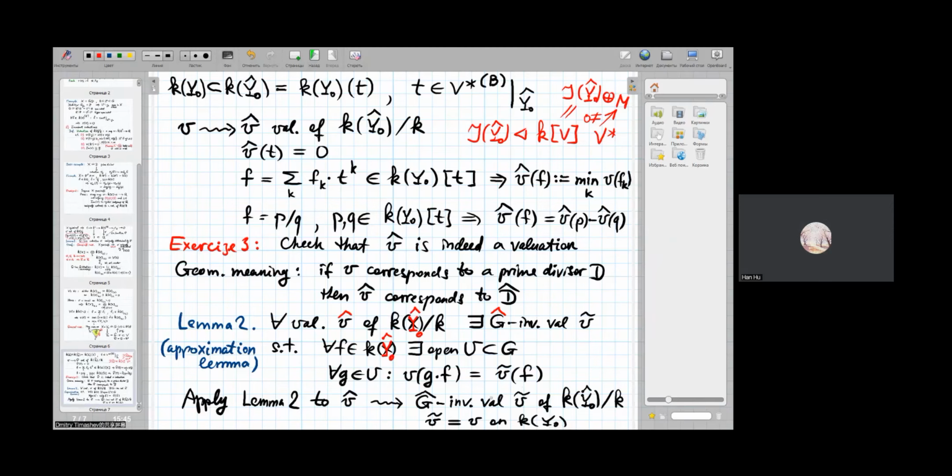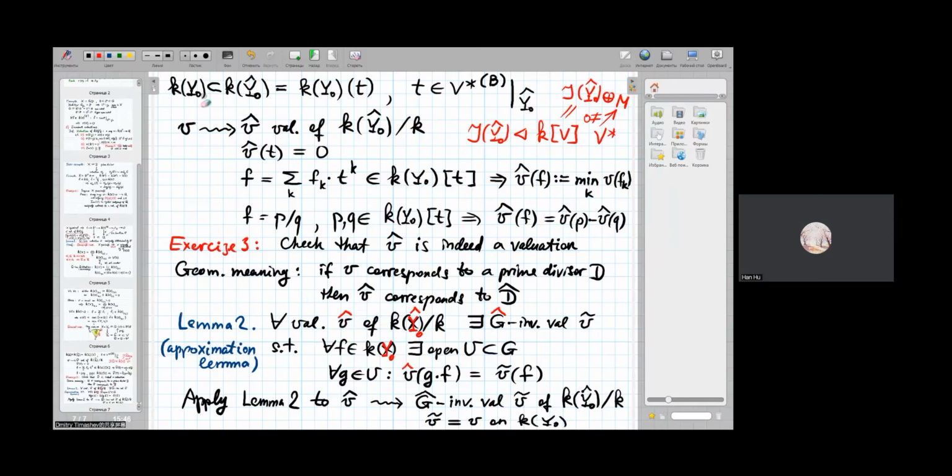This is because if you take your f from this smaller subfield, let me again modify what is written here, if you remove hat here, then on this smaller subfield, the valuation v hat, which you approximate by v tilde, will coincide with v, what you started with, because v hat was an extension of v to a bigger field.